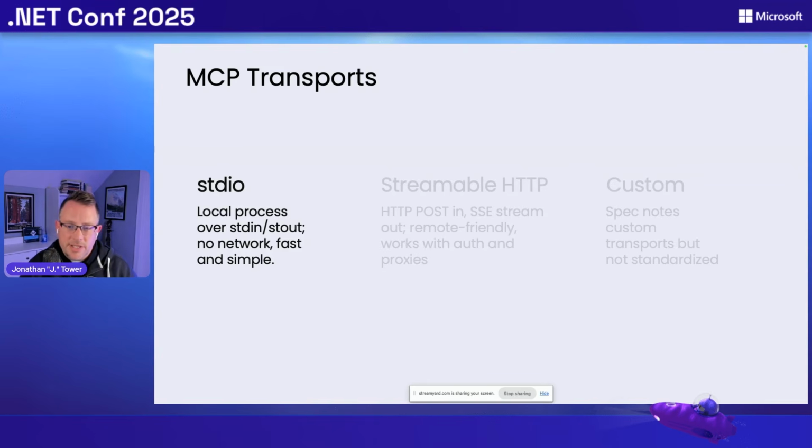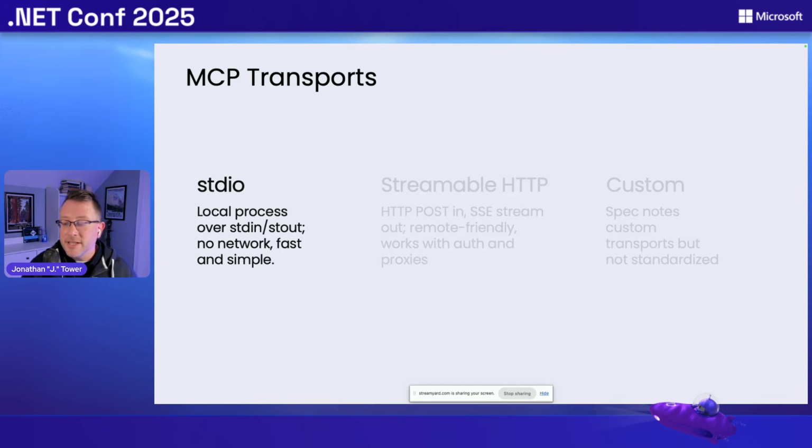Those allow you to have really fast inter-process communication. So if you are running an AI on a particular box or virtual box, and you want to connect to an MCP server that's running on the same machine, you can do that through standard I/O, and it's going to be really fast and really secure because it's not going over the network at all. That's really a great option for those scenarios.